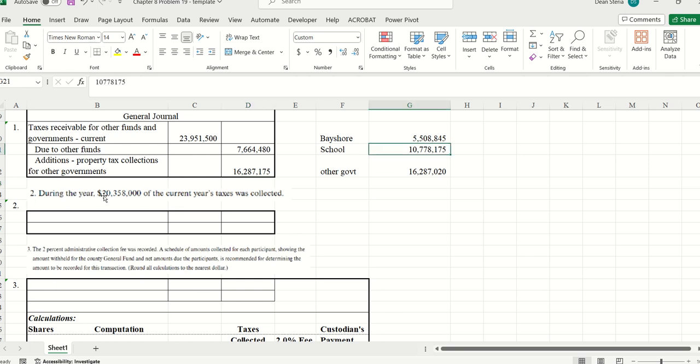During the year, 23,581 of the current year's taxes was collected. So we got the money, so we're going to hit cash. Why did we get the money? Taxes.